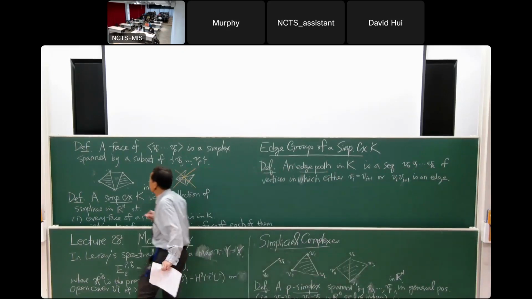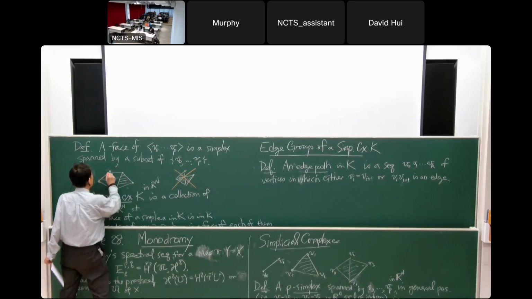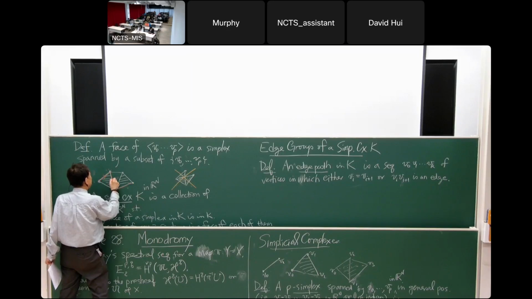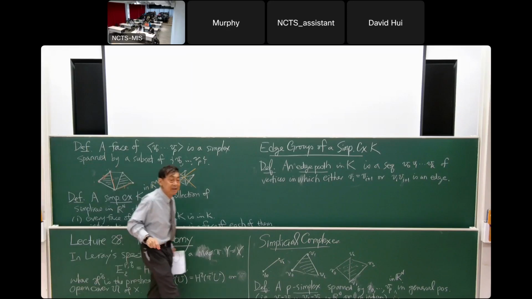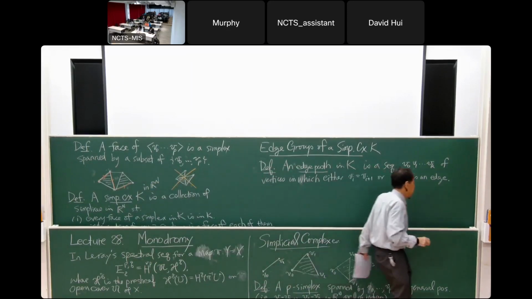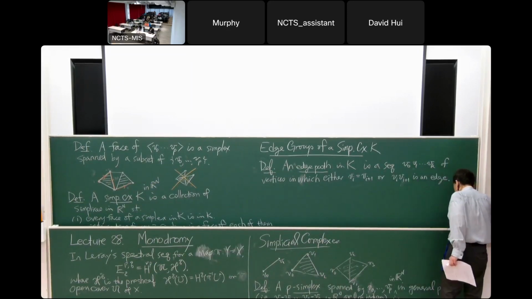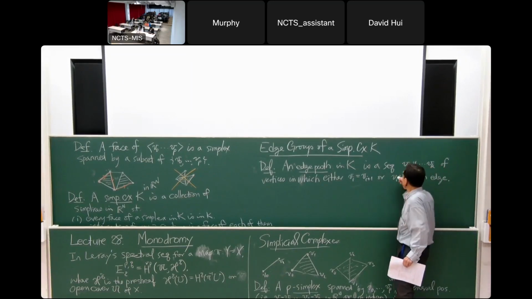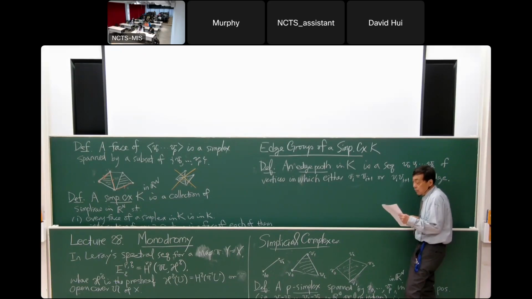So like, okay, that would be an edge path, and it has a direction. Okay. Now, an edge loop is when the initial point is equal to the end point.